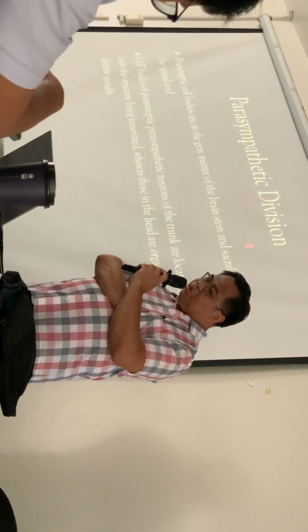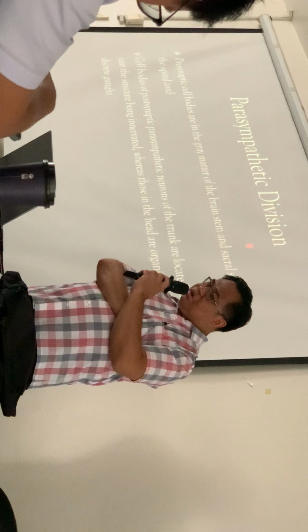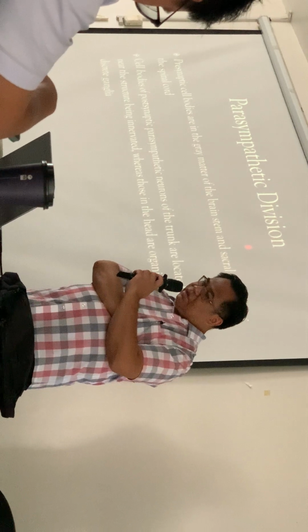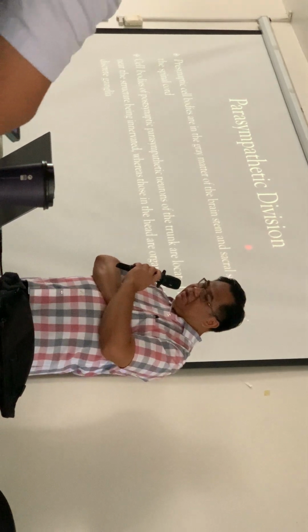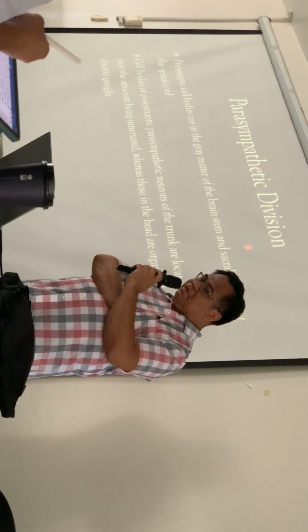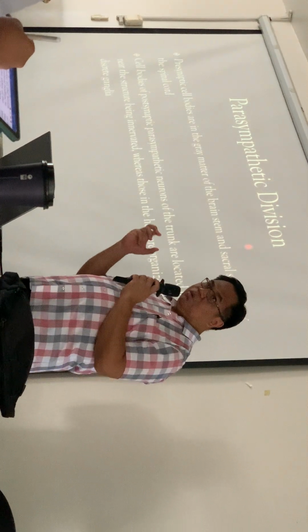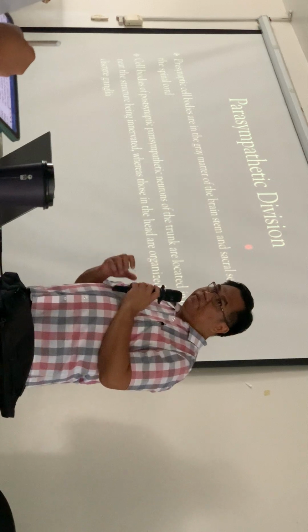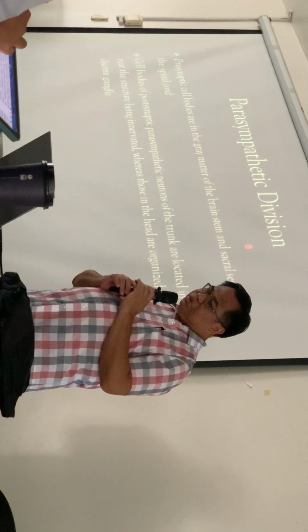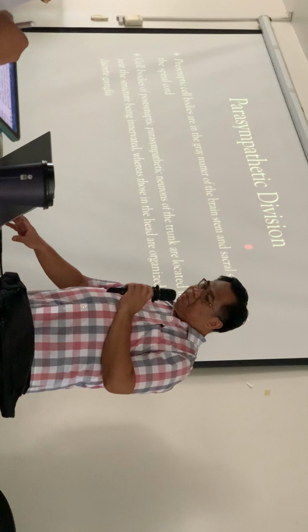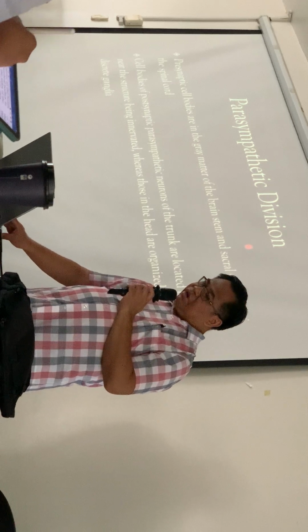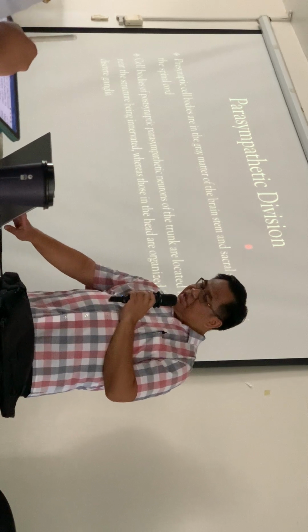Cell bodies of postsynaptic parasympathetic neurons of the trunk are located in or near the structure being innervated. Like I showed you, it's located in the wall of the heart or in the wall of the organs that are being supplied. In contrast, those in the head are organized into discrete ganglia.